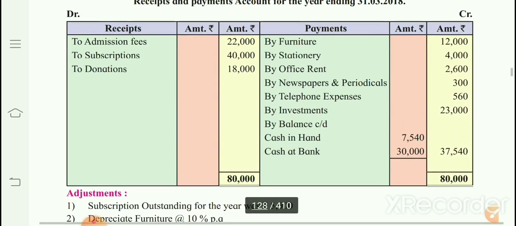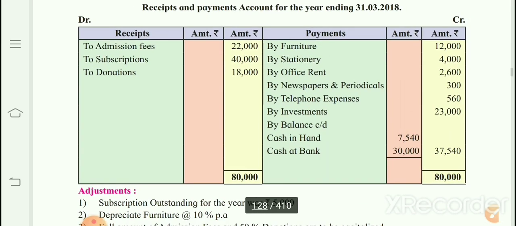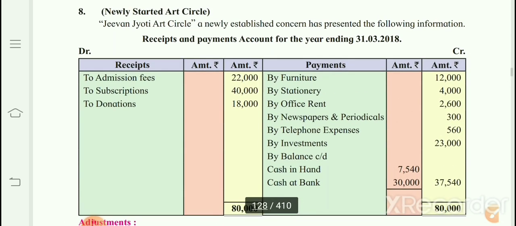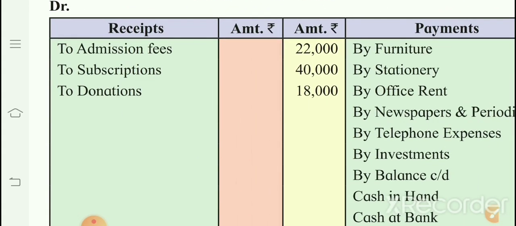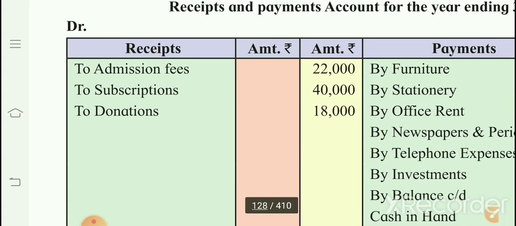So we will prepare the format of income and expenditure account. As we know that in income and expenditure account, only the transactions of current year are recorded. On receipt side, first item is admission fees. This item will be recorded on income side of income and expenditure account.